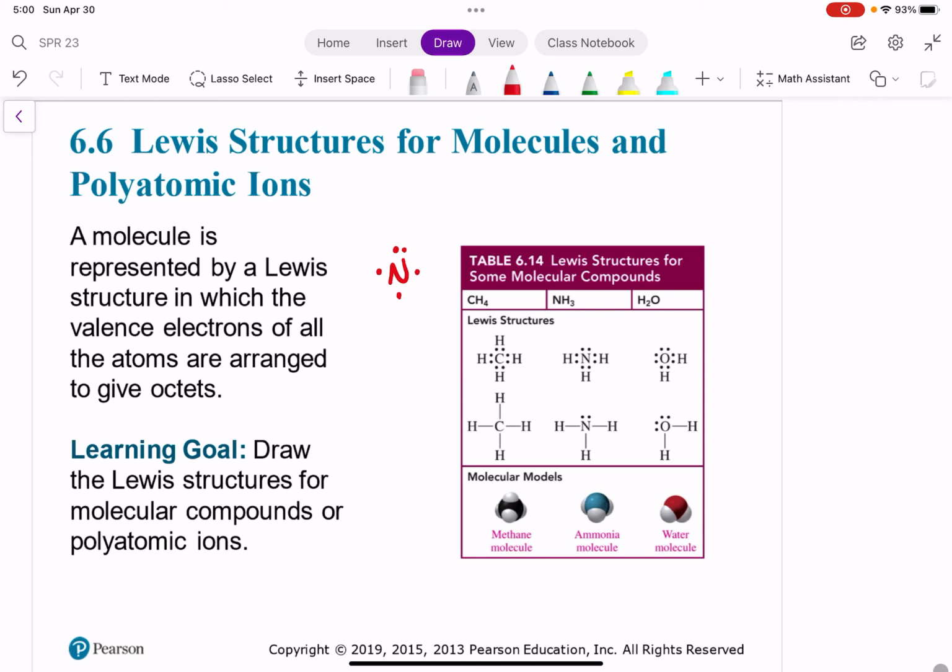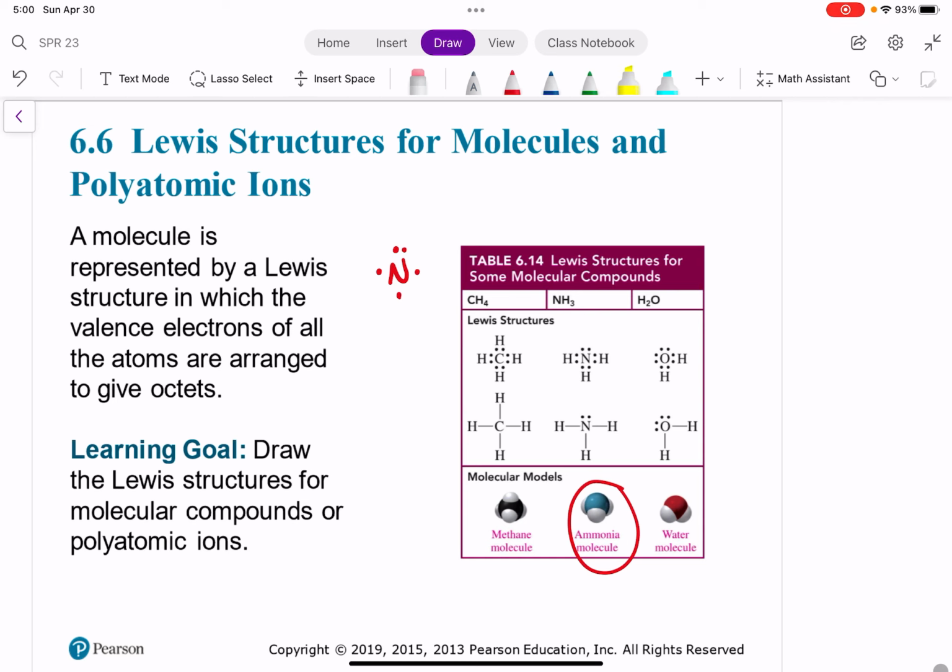Well, we can also draw something called a Lewis structure, and that allows us to show how atoms are actually connected in covalent bonds. So here's a molecule called ammonia. That's different from ammonium, right? Ammonium is a polyatomic ion, NH4+. Ammonia is NH3. So nitrogen bonded to 3 hydrogens.